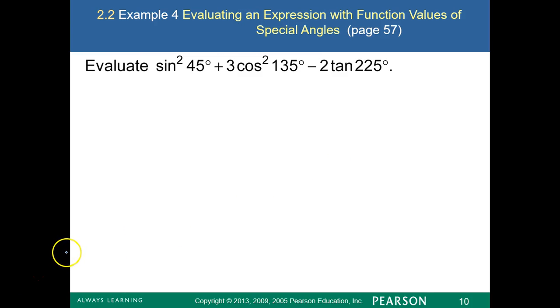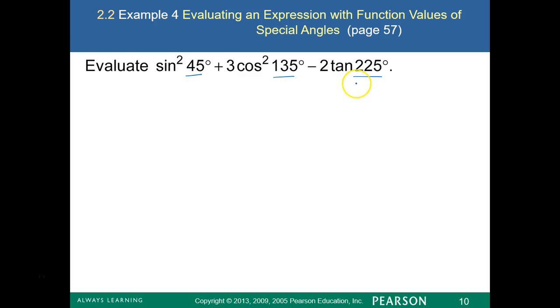All right, so if you remember from the previous chapter, we had some problems where you had to evaluate something that looked like this, but all of the angles inside your functions were quadrantal angles.